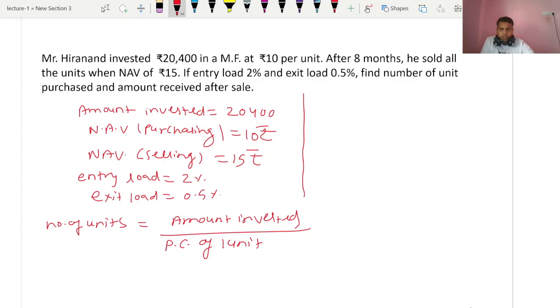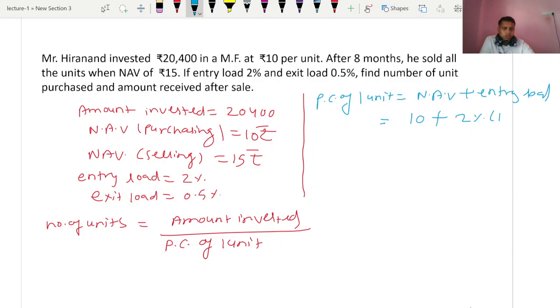So to get purchase cost, what is the formula? Purchase cost of 1 unit is equal to net asset value plus entry load. Okay. So net asset value is what? 10 rupees while purchasing. And entry load is what? 2%. 2% of what?